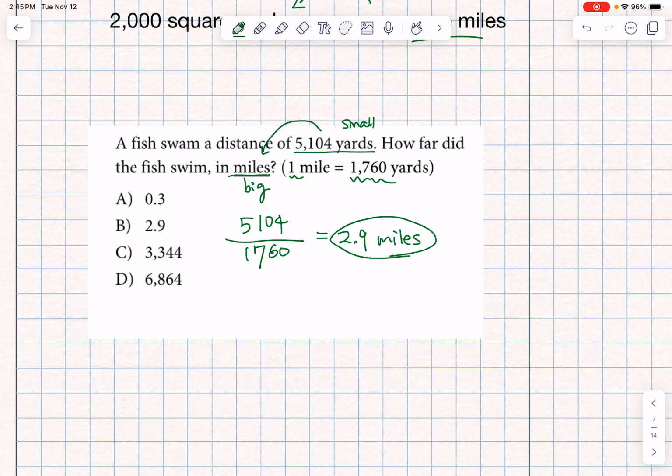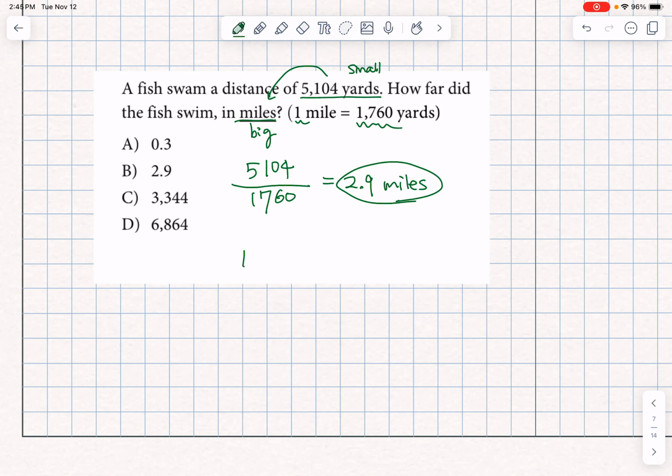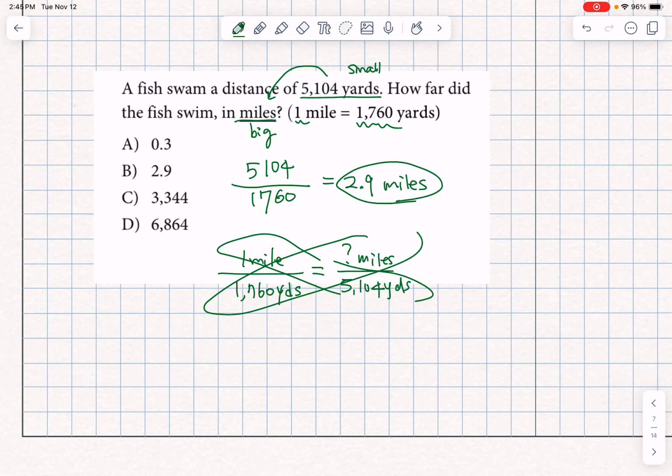Or I can do it another way, which is making a proportion. So 1 mile has 1,760 yards. Then how many miles will be in the given 5,104 yards? Then you cross multiply. Express this one as x. Then 1,760x equals 5,104.